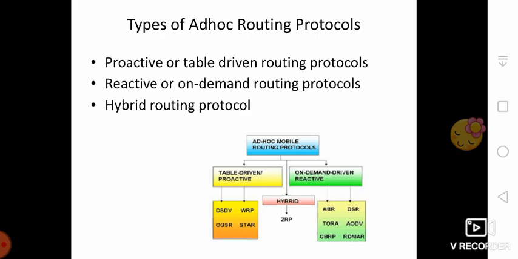Okay, so hybrid routing takes the advantages of both proactive as well as reactive routing protocol. Then nodes which want to communicate with a particular region, a particular zone, can act proactively. So in this case, each node maintains a routing table.